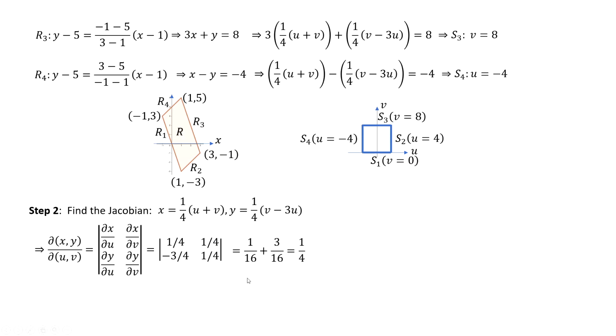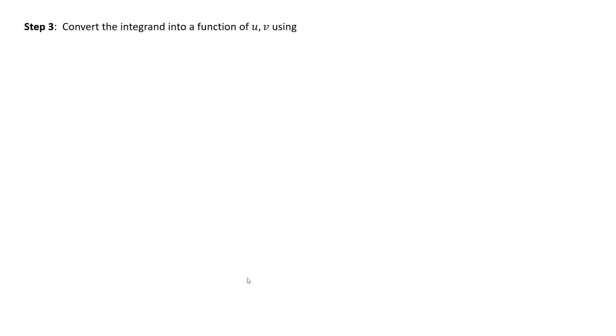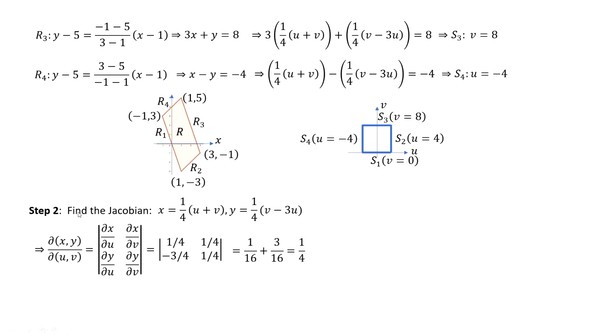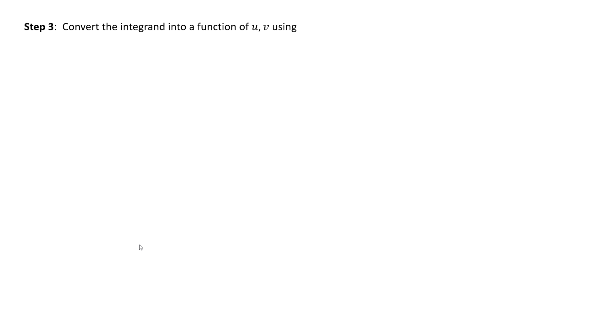Are we okay? Next. Oh, by the way, like I said, each of these, transforming the regions and finding the Jacobian, was a whole problem in the previous 2 cases. Now they form a small part of a big problem.